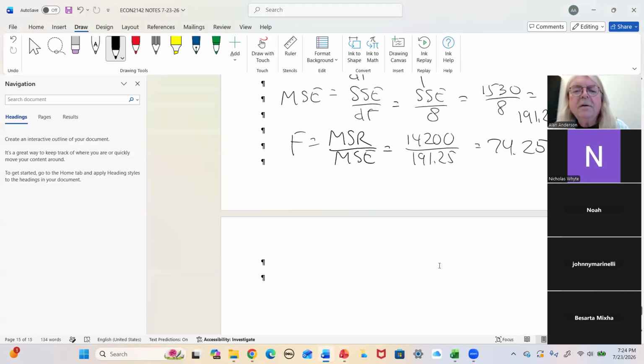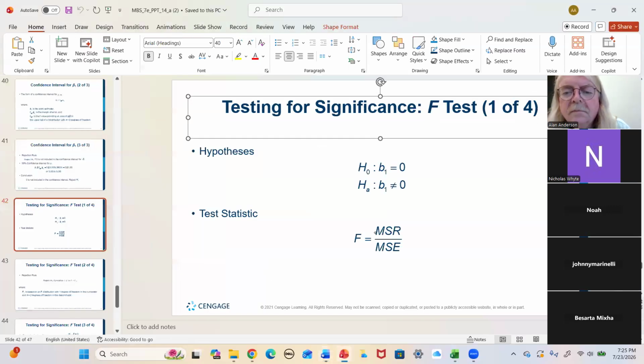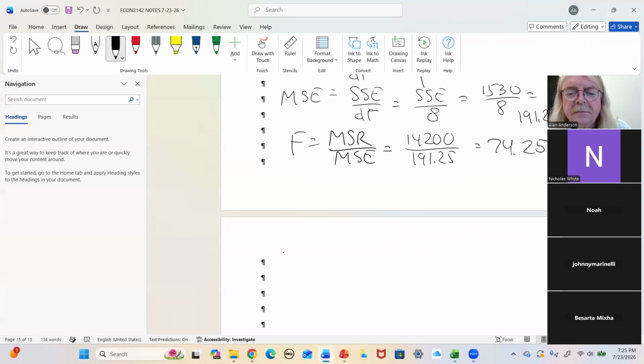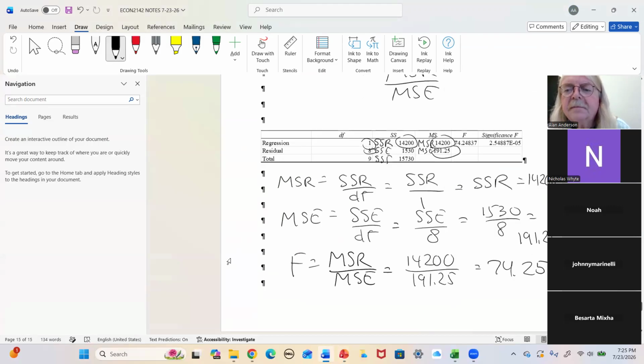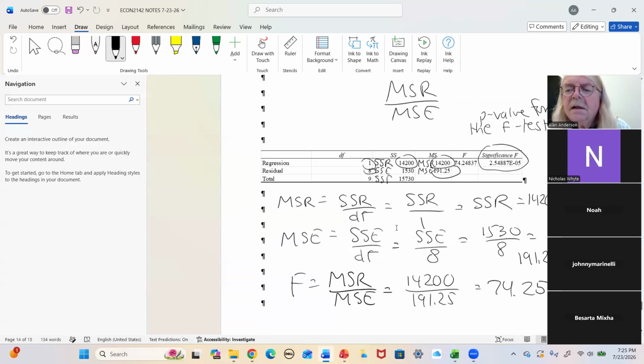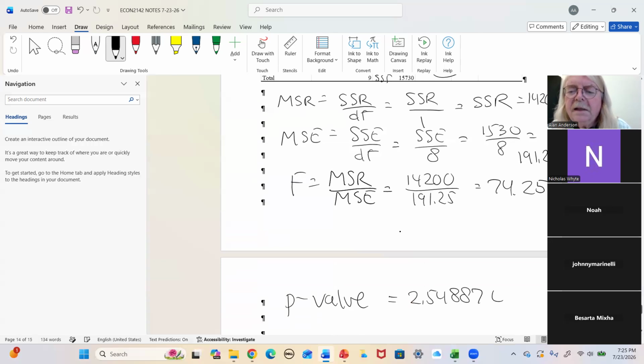And if you really wanted to, you could go look at the critical values, we're not even going to use it. The p-value is printed out on Excel. 2.5488 7 E minus 05.